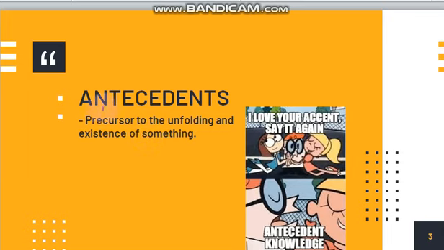So lagi nyo tandaan is yung word na precursor. Therefore, historical antecedents in science and technology are factors that pave the way for the presence of advanced and sophisticated science and technology innovations today.